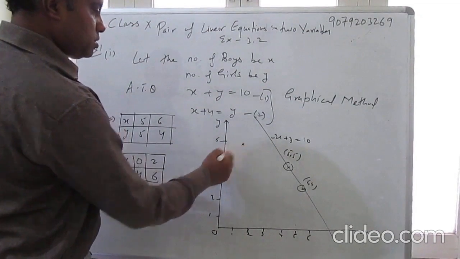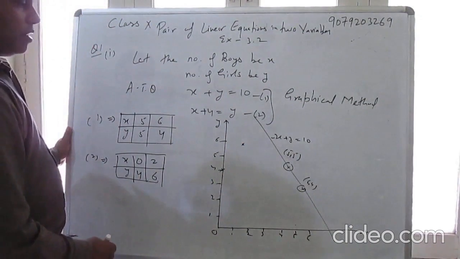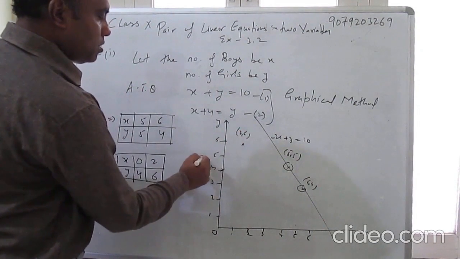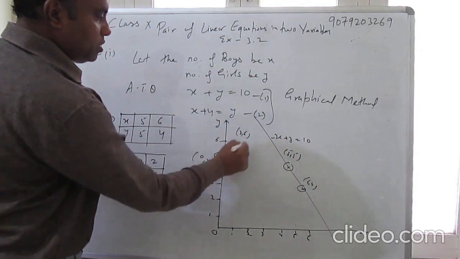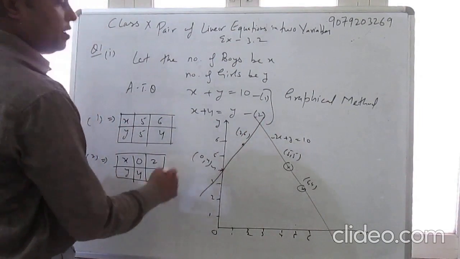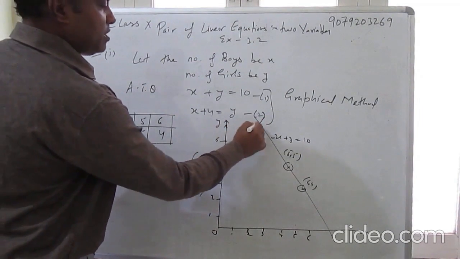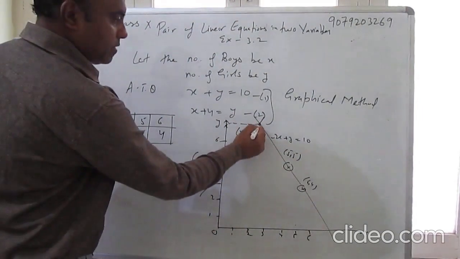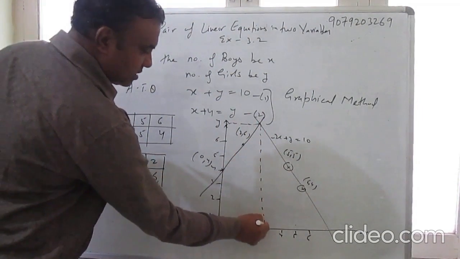If I join these 2 points, it will intersect the first line somewhere here. This is the intersecting point.